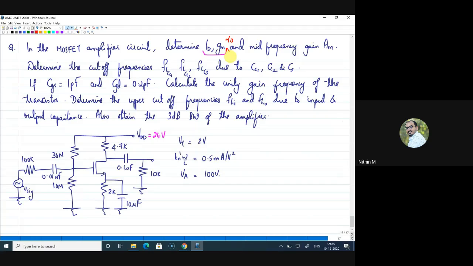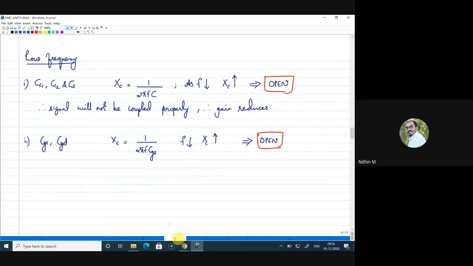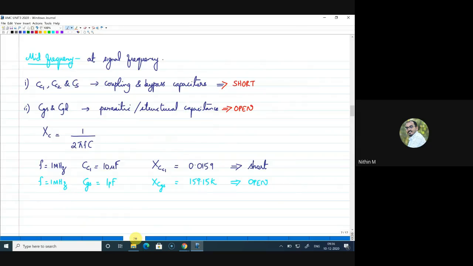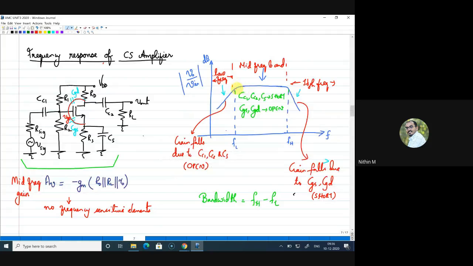For that, you have to draw the equivalent circuit. After that, something else is asked: determine the cutoff frequencies FL due to CC1, CC2, and CS. In the previous classes we looked at the frequency response. Your gain will fall at low frequency, and the components responsible for this fall in gain are the coupling capacitors CC1, CC2, and CS. All these three will introduce a cutoff frequency, which we will derive very shortly.